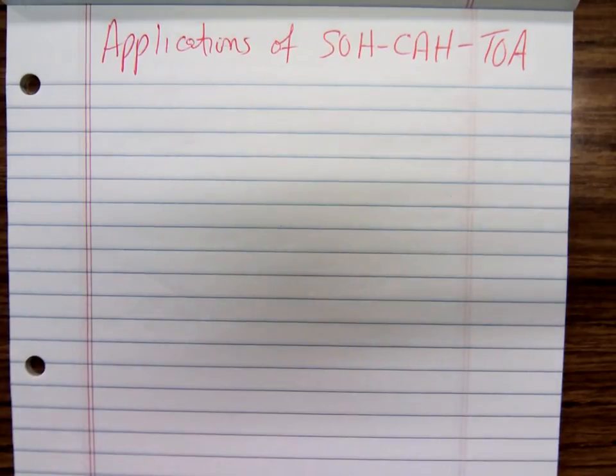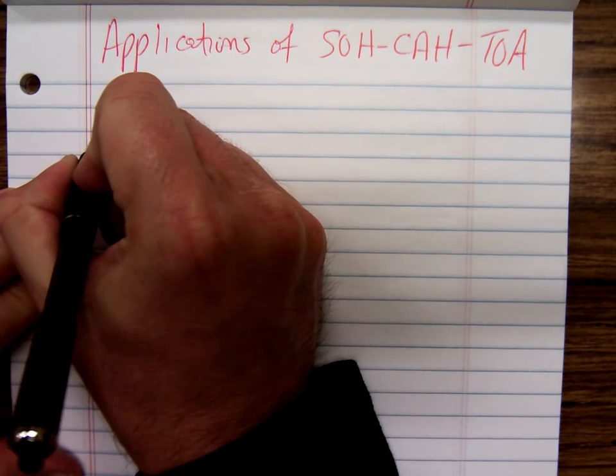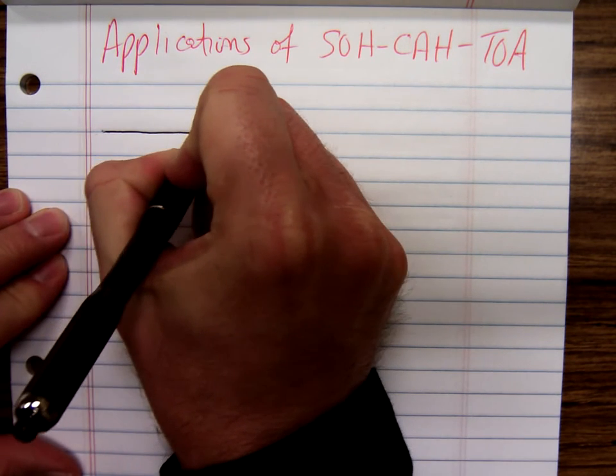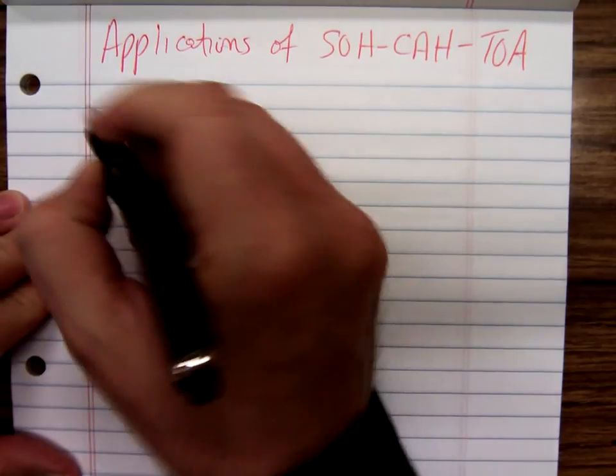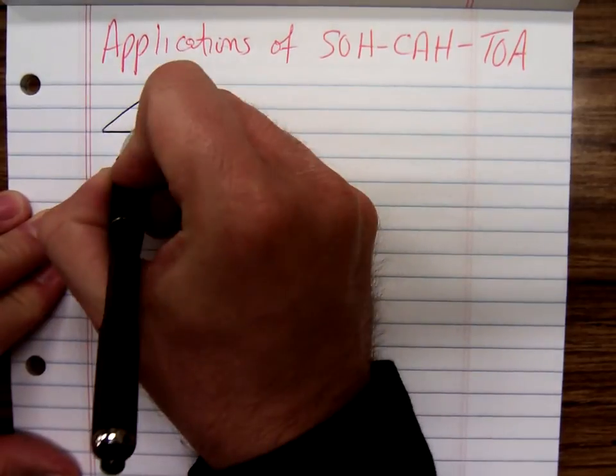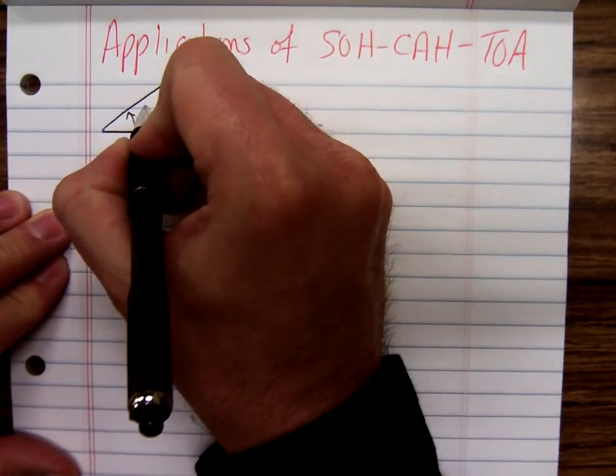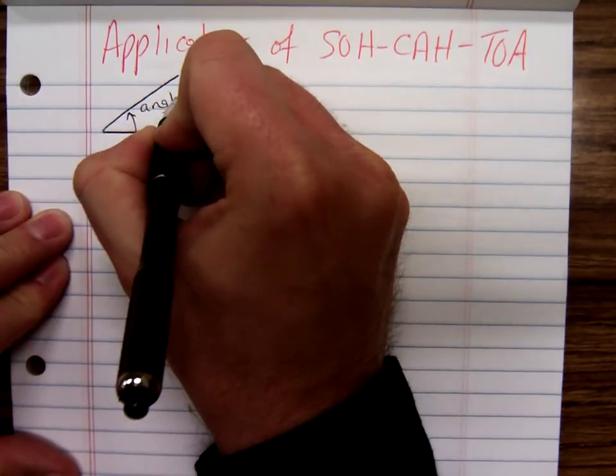Okay? If we have a horizontal, an angle that's measured from the horizontal upward is called the angle of elevation.